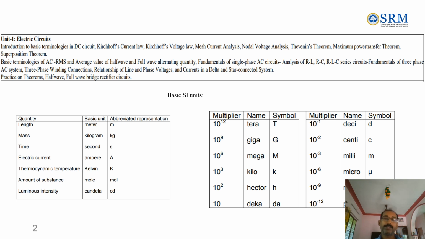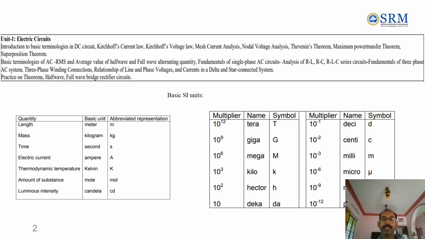The second part, that is AC circuits, deals with the basic terminologies of alternating currents, root mean square (RMS) and average value of half wave and full wave alternating quantities, fundamentals of single phase AC circuits, analysis of RL, RC and RLC series circuits, and fundamentals of three-phase AC systems.